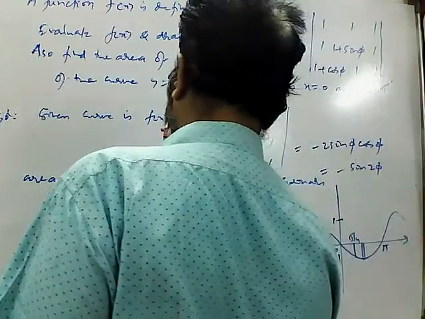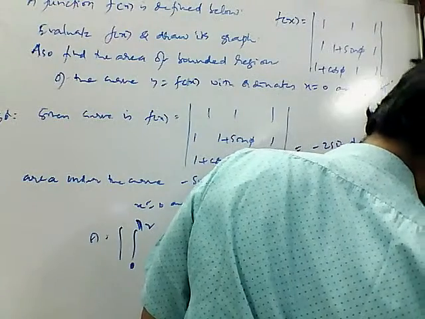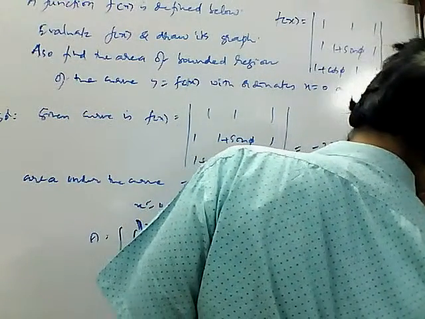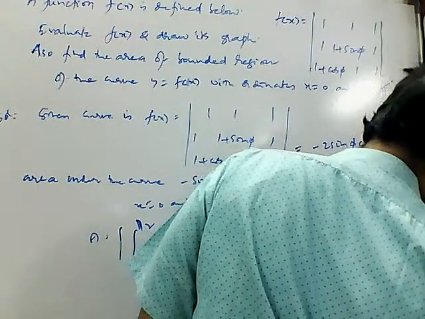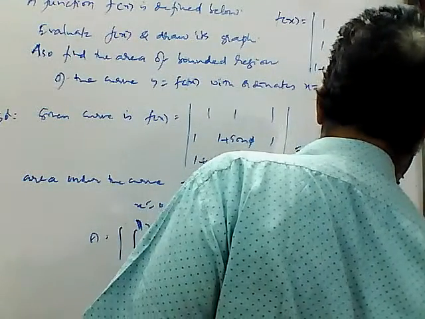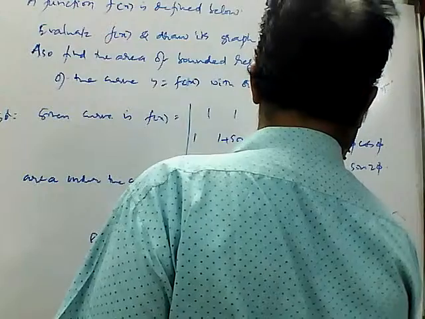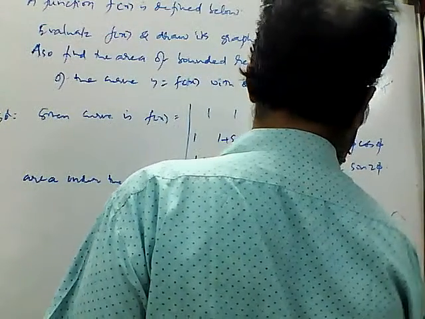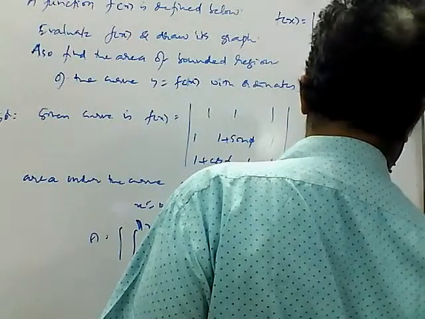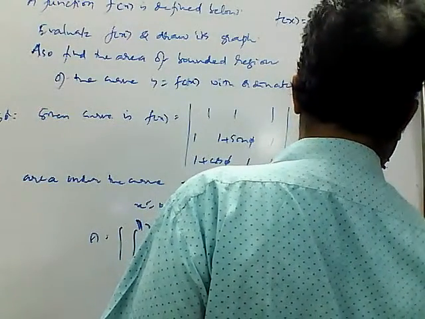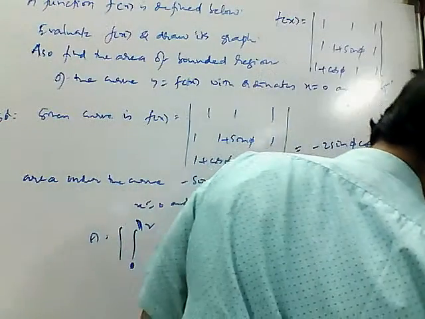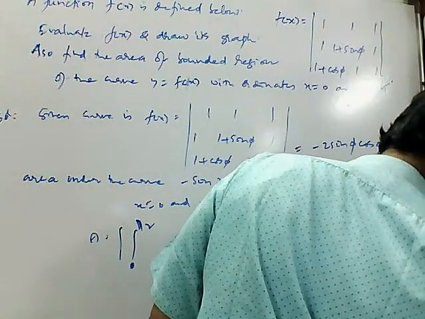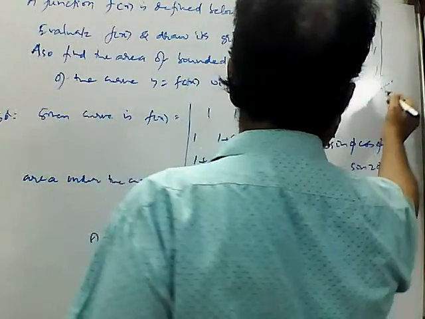Zero to modulus of 0 to pi by 2, because this is the negative side now. This is pi by 2, which is OABO.